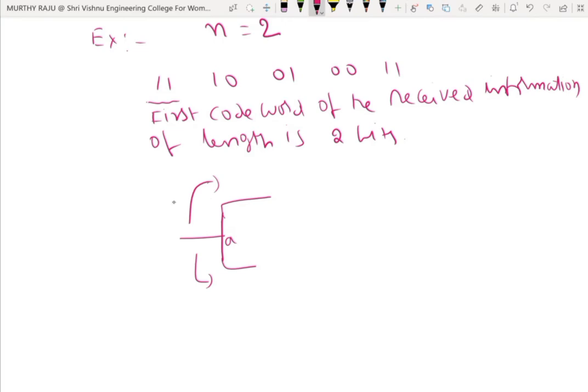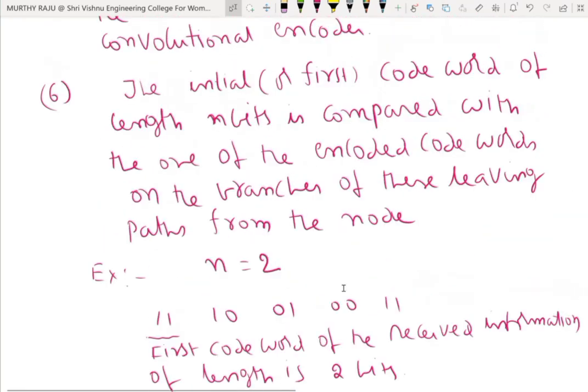Upper path means input bit is 0, lower path means input bit is 1, and it goes to another state, A and B. Here output is indicated on the branches of these paths: 0 0 and 1 1.